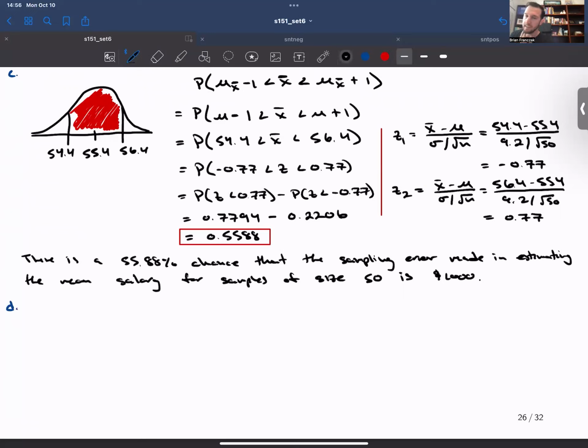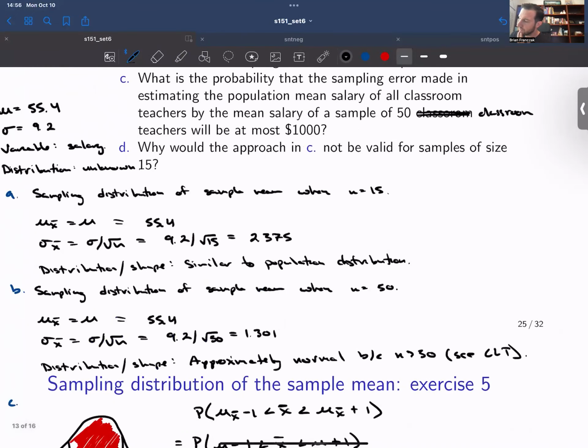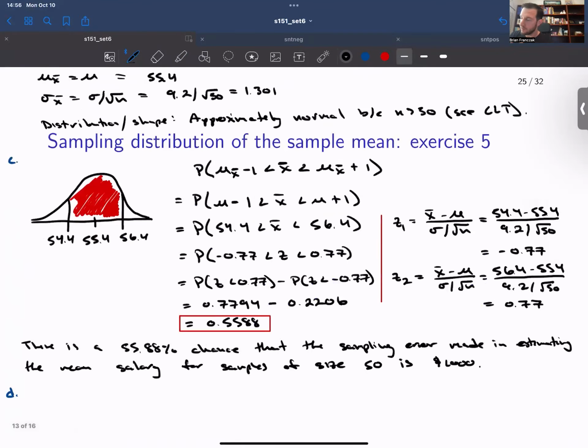In part D, it asks us, why would the approach in C not be valid for samples of size 15?